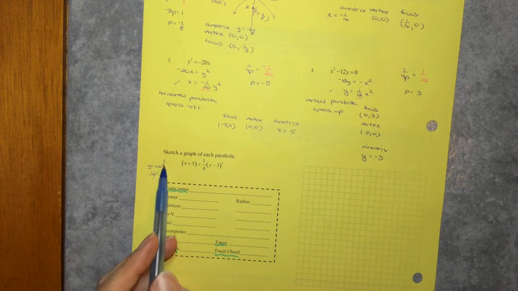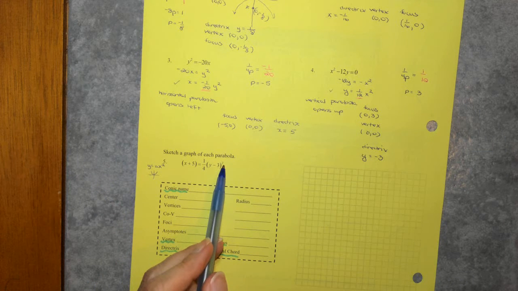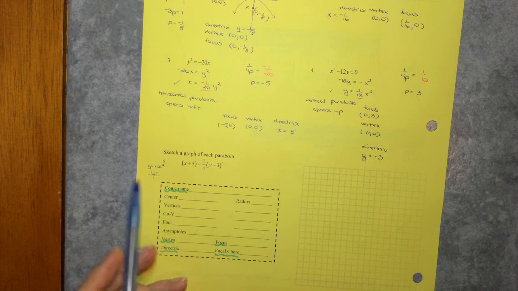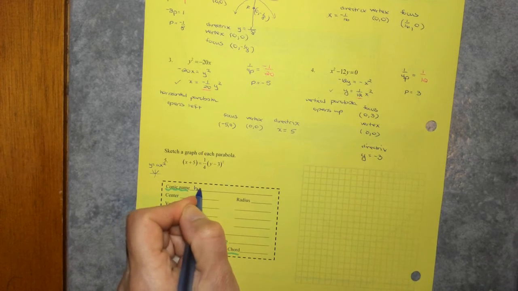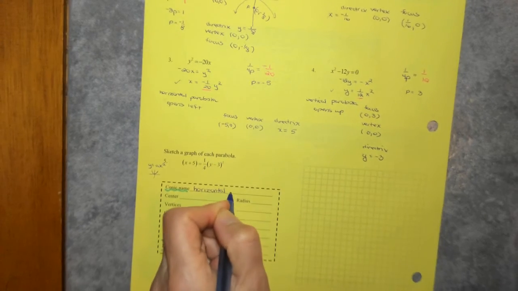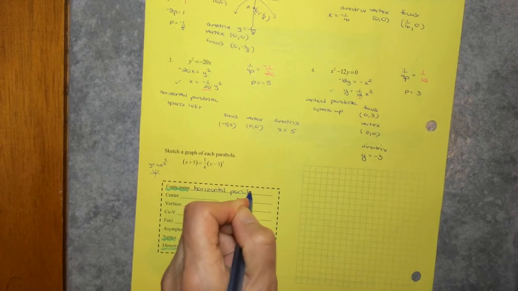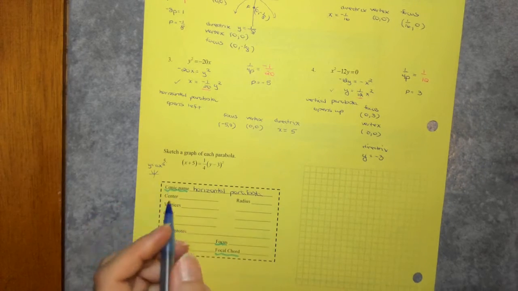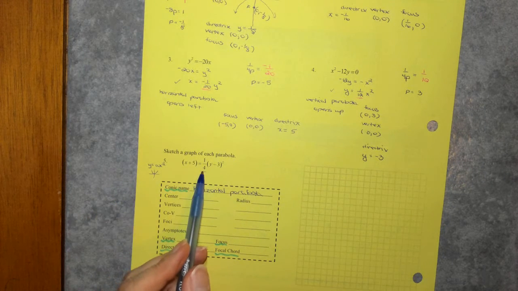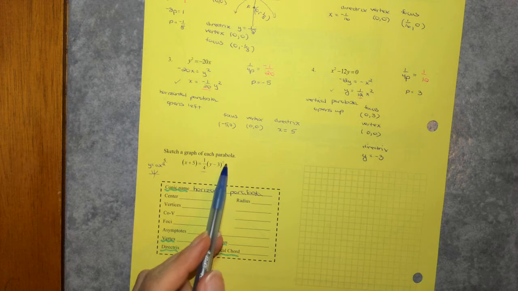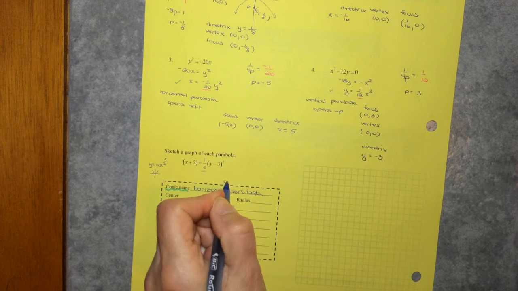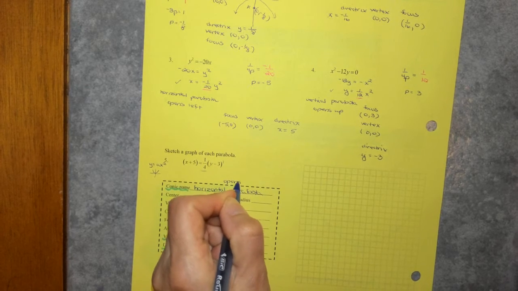Since our y is being squared, it's not going to be vertical, which means I can say right away that it is going to be a horizontal parabola. Now the next thing I want to do is pay attention to the coefficient on the squared term. I notice that the coefficient is in front of the squared term, which is good, and since it's positive, this is going to open to the right.